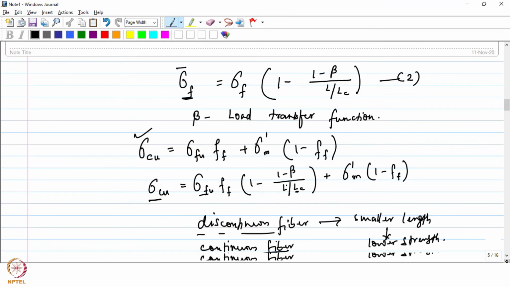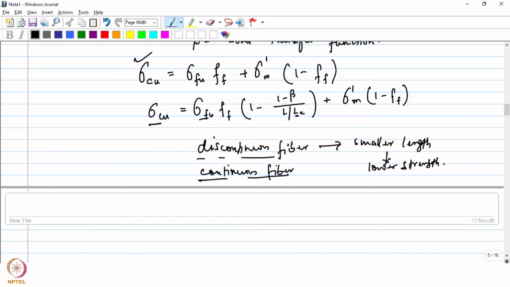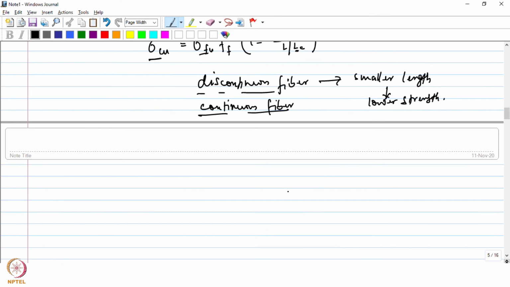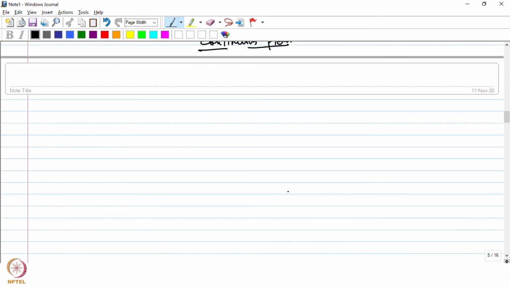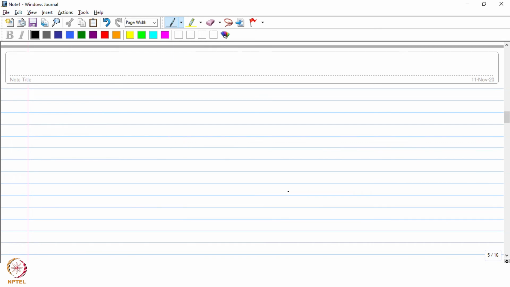Okay. So it tells you that as you change the dimensions, the strength will also differ. Okay. And that is what we practically see. So this model is able to explain the actual observations that we see in reality.